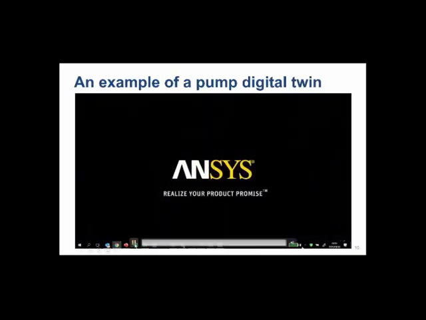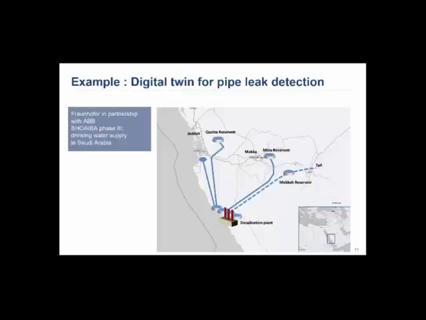Digital twins are very versatile in their application, and can be component-based, as per the previous example, or can be used to serve very large systems. Here is an example of the Shoaiba Phase 3 drinking water supply project in Saudi Arabia, where Fraunhofer Institute partnered with ABB to produce a leak detection system by modeling 1,600 kilometers of pipeline and supply from reservoirs.